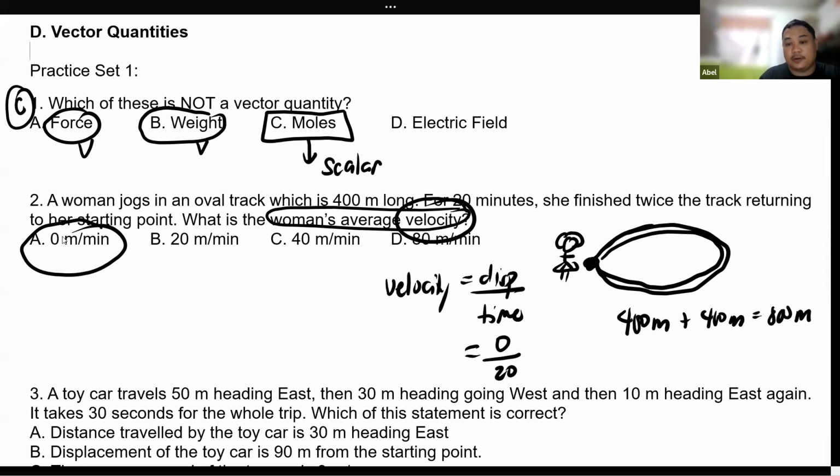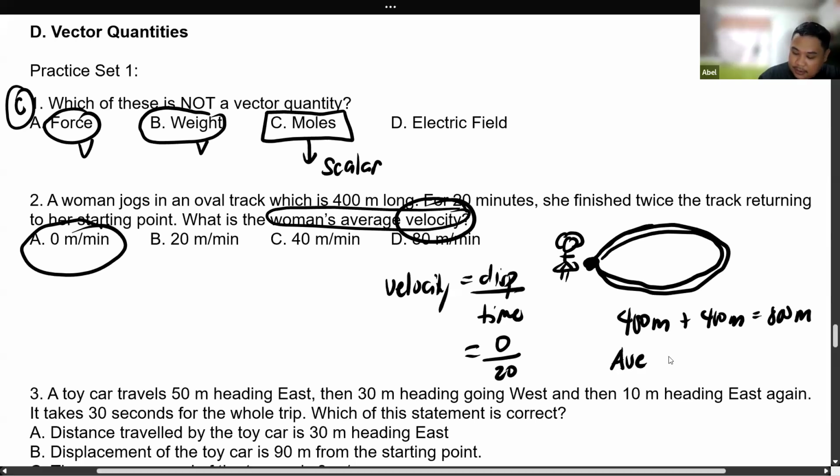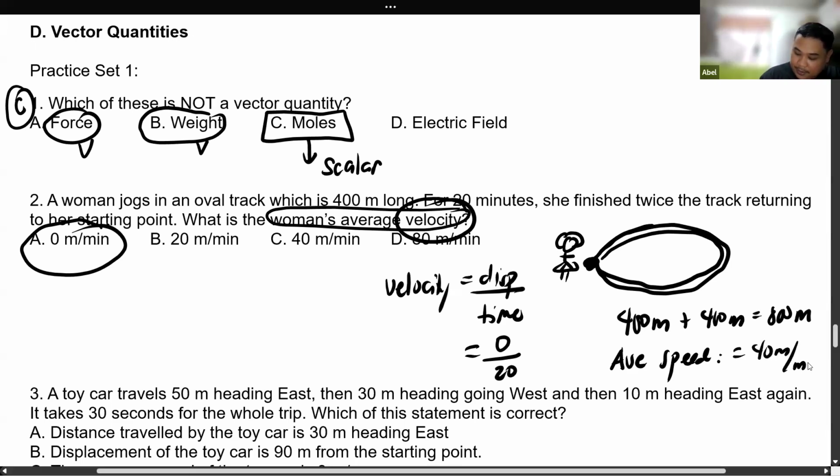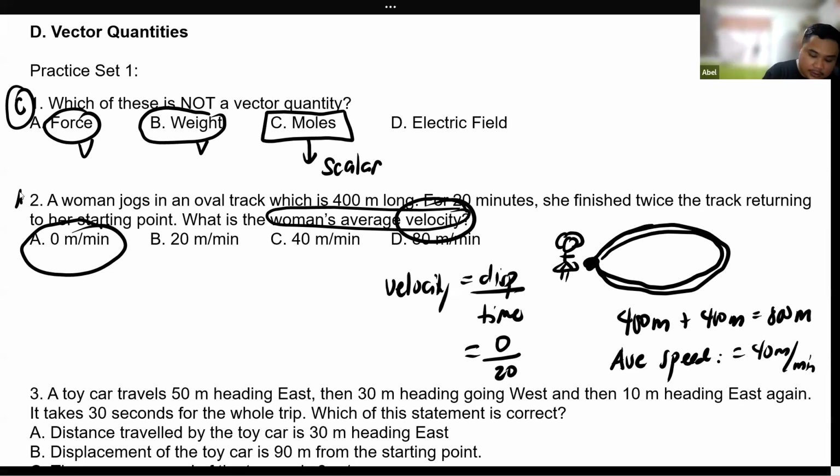If for example, you ask for the average speed, the answer will be 800 divided by 20, that would be 40 meters per minute. Okay, so our best answer here for number two is letter A, because we are asked for the average velocity.